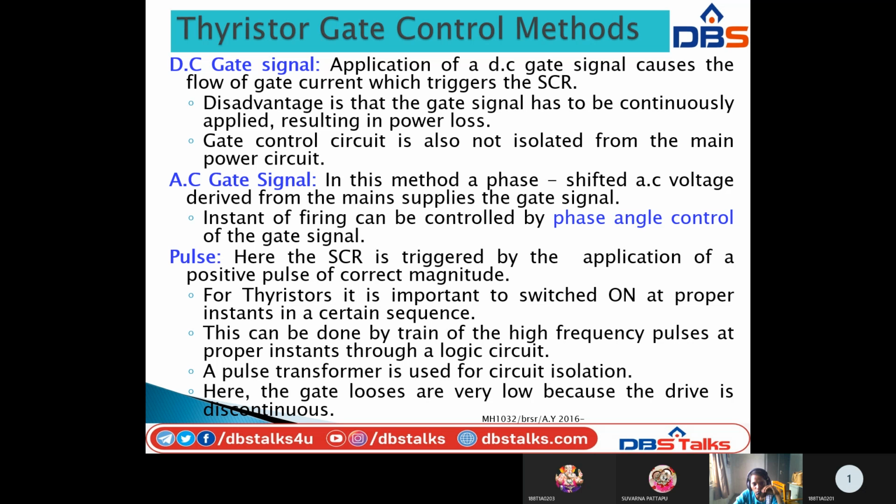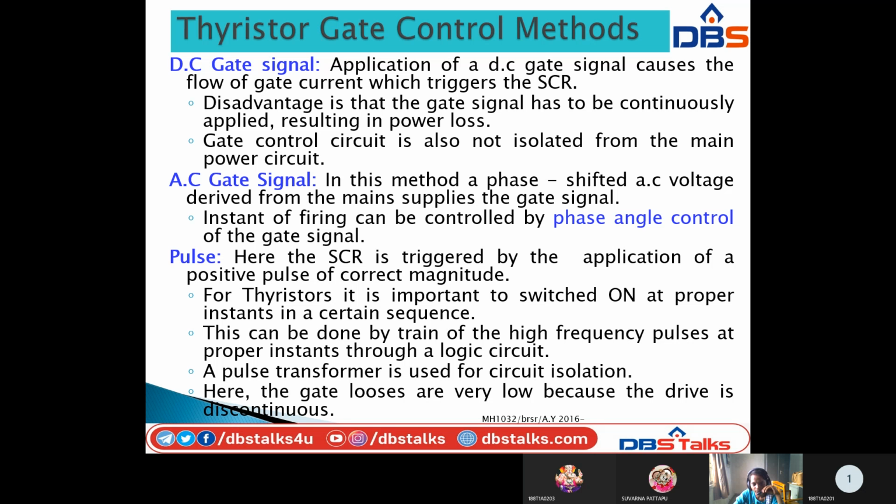The gate control circuit is also not isolated from the main power circuit. In the AC gate signal method, a phase shifted AC voltage derived from the main supply provides the gate signal. The instant of firing can be controlled by phase angle control of the gate signal.